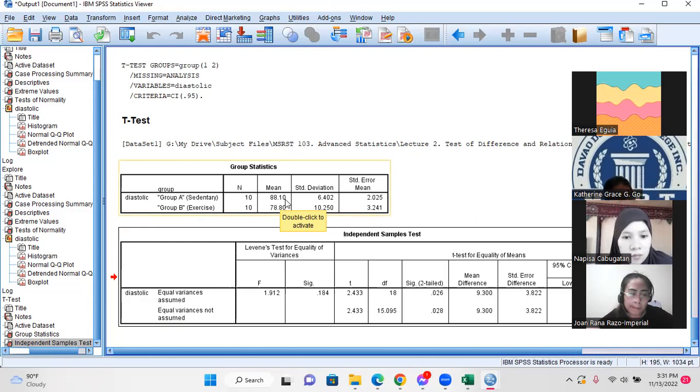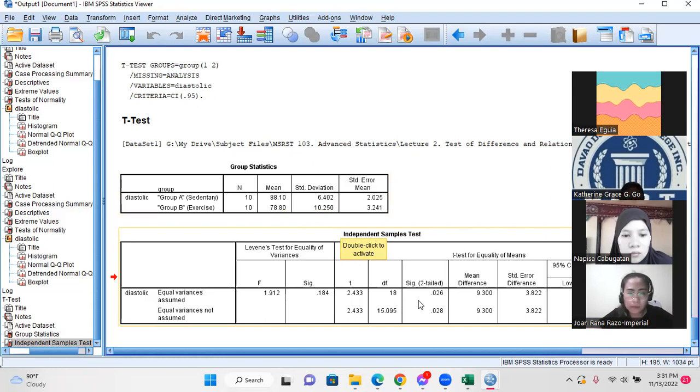So mas mataas ang diastolic blood pressure nila kumpara sa mga nag-exercise. And may significant difference when we compare it. So it means to say that exercise, so anong recommendation natin dyan? Exercise is recommended in decreasing blood pressure.